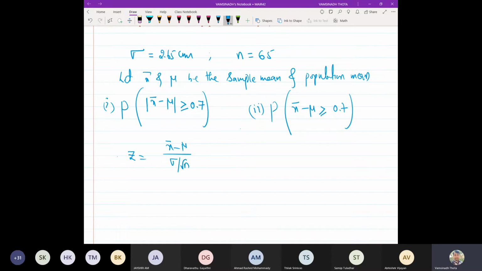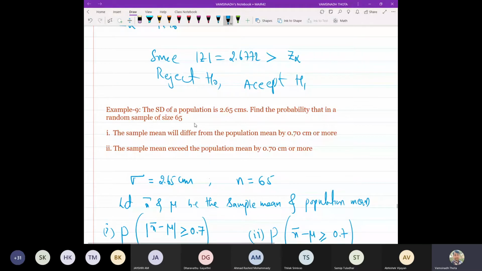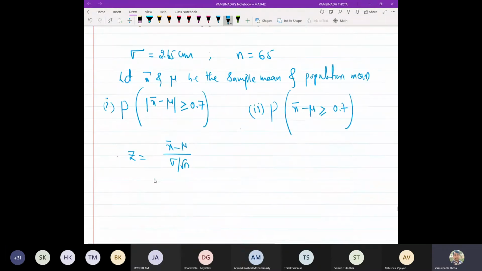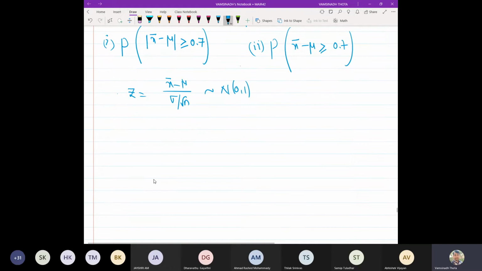Here we do not know the sample mean and the population mean exactly; we are interested in their difference. By the central limit theorem, this follows the standard normal distribution. Now we need to evaluate these things.